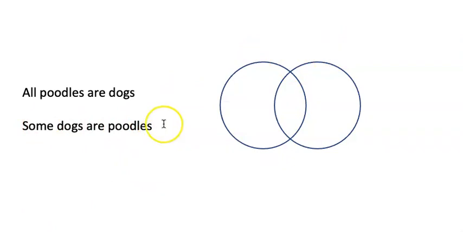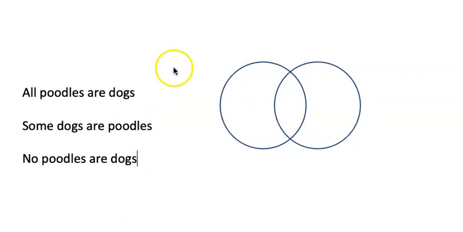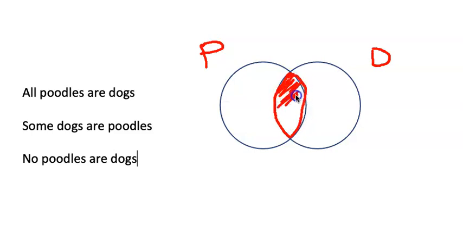It also works in reverse on a no statement. So if I were to say to you, no poodles are dogs. So let's say we're redoing canine classification, and for some reason poodles get kicked out of the category of being a dog. What we would do is we would take this intersection between the two of them and we would get rid of it.